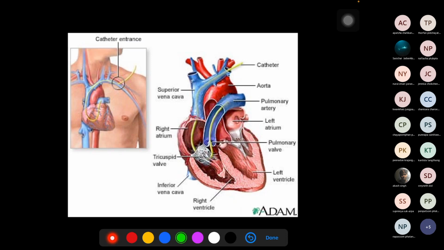Before the era of echocardiography came, we evaluated the LV filling pressure by inserting the Swan catheter into the heart to measure the LV filling pressure by this method. But echo can be used to evaluate the LV filling pressure. Basically, today we will learn about this.